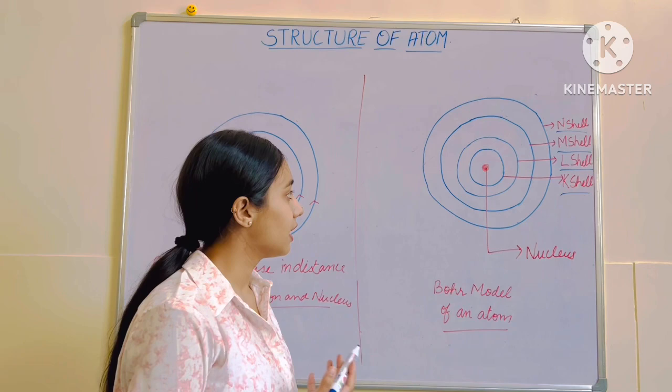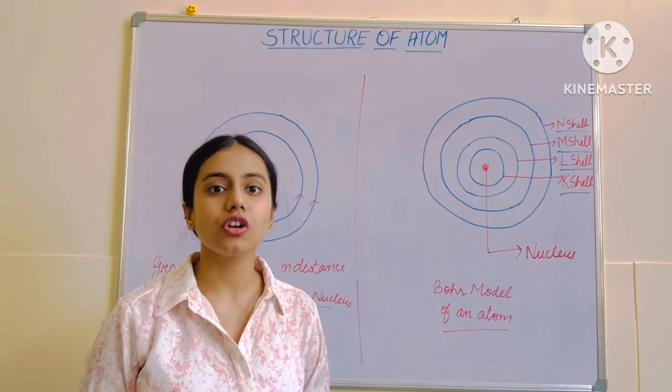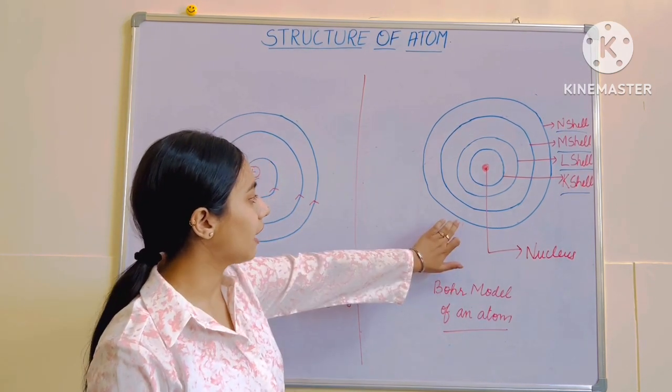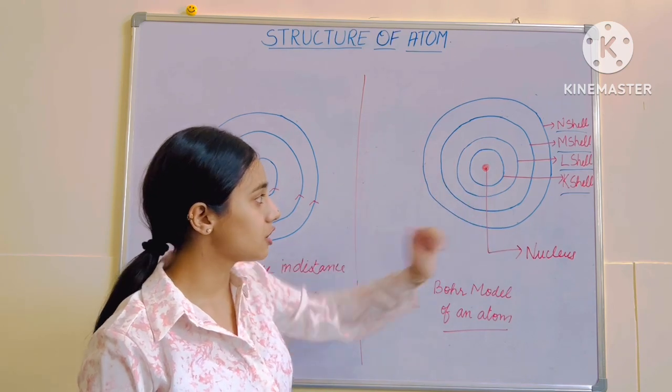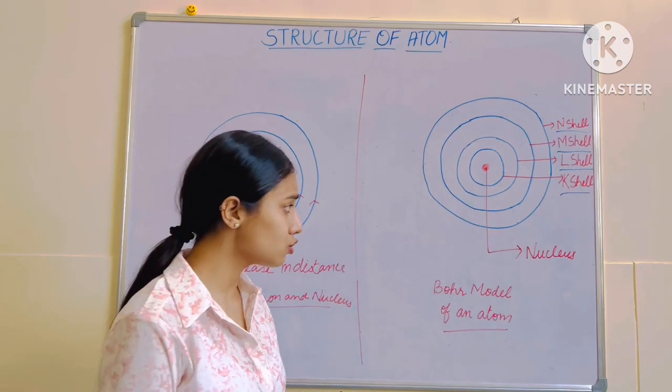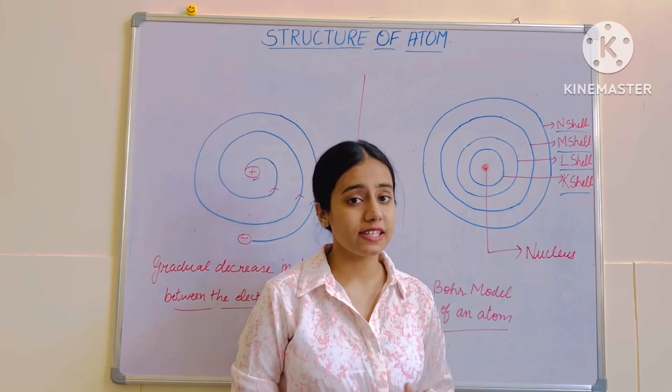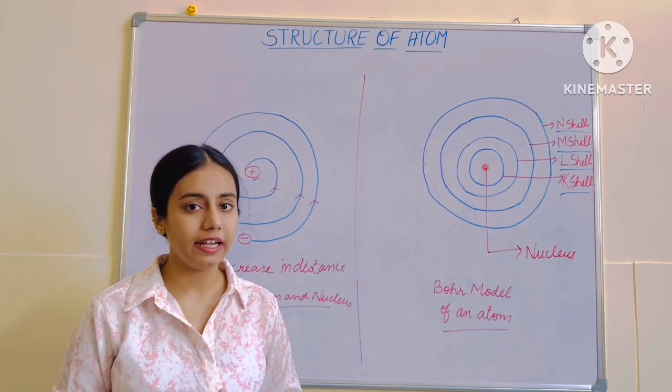He proposed that there is no radiation of energy when the electron is moving in these shells or orbits. So this was a much accepted model in the late 19th century.